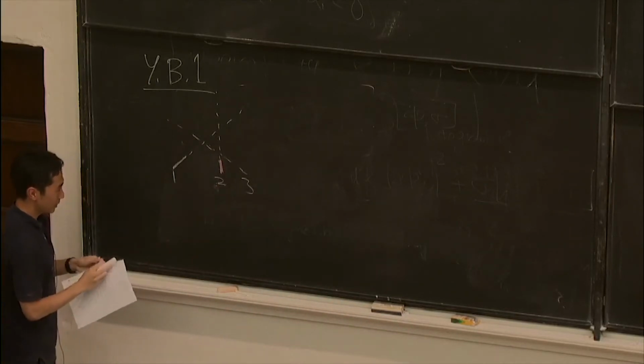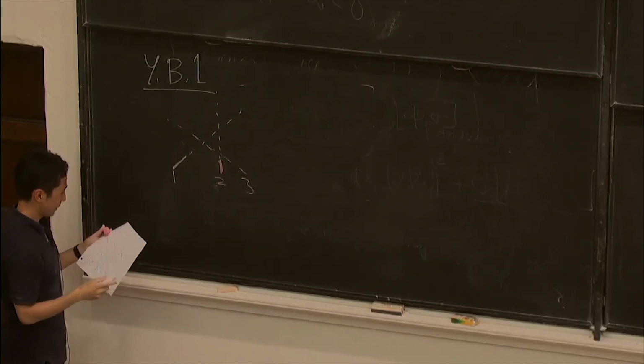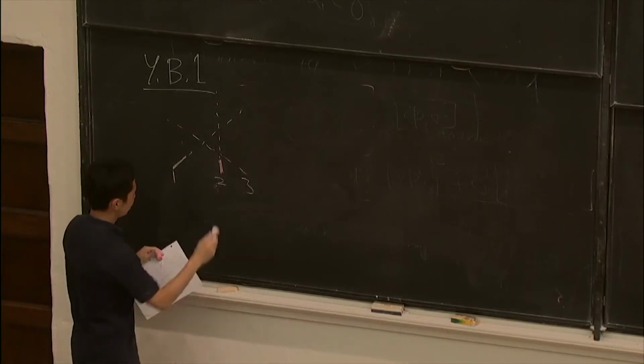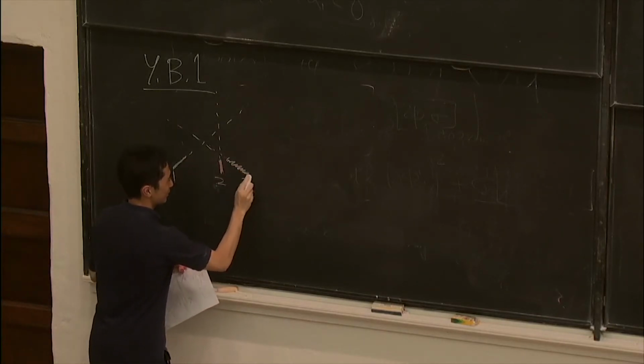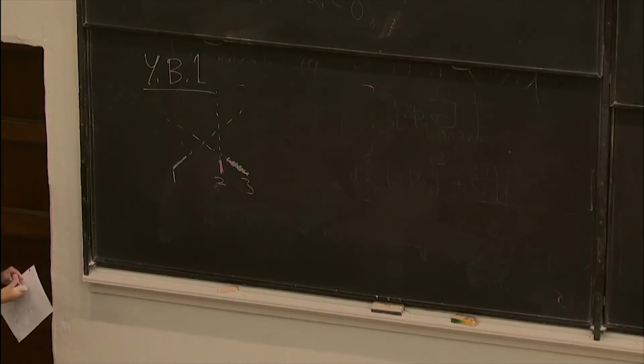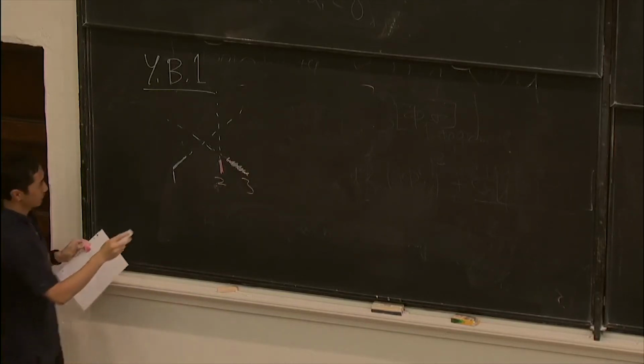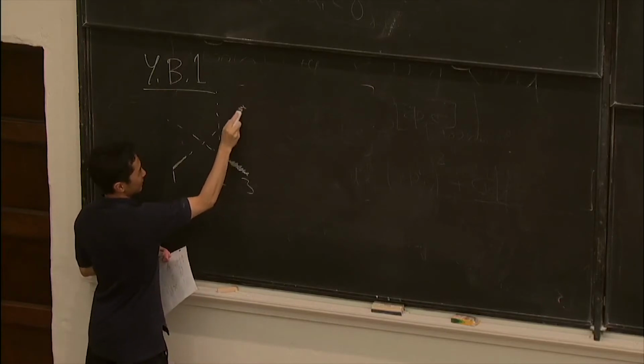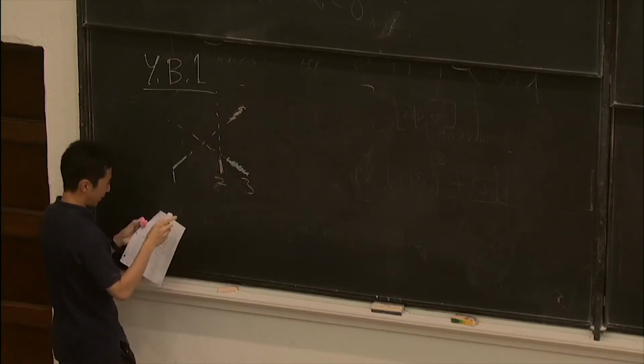And so the incoming of particle 2 has this index, and the incoming of this particle 3 has this index. And I also assume that the outgoing indices are ordered in this way.